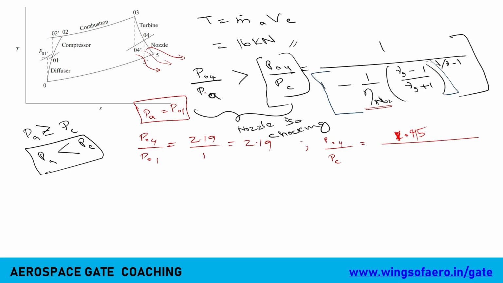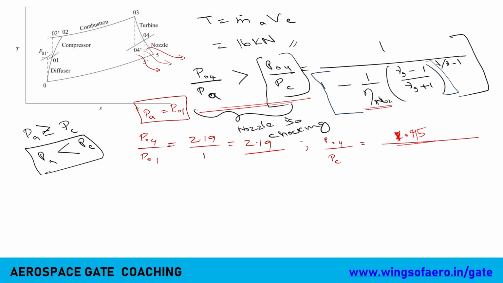Now you compare this P04 by PA, whether it is greater than or less than P04 by PC. So obviously we can see the value. So I can say that at this condition the nozzle is choking. Now if the nozzle is choking, what are the extra parameters we'll have? That you will study in compressible flow.